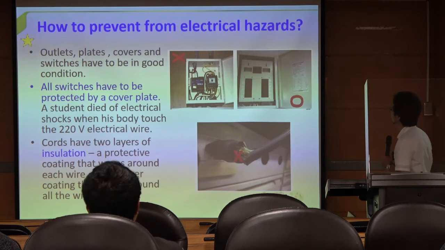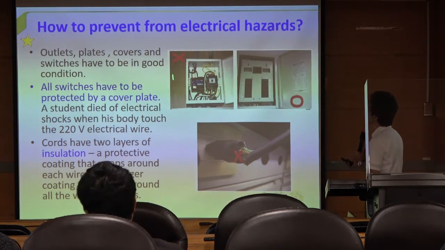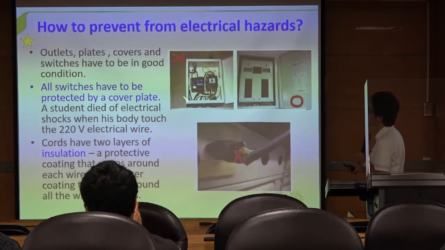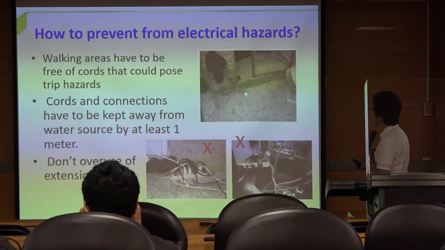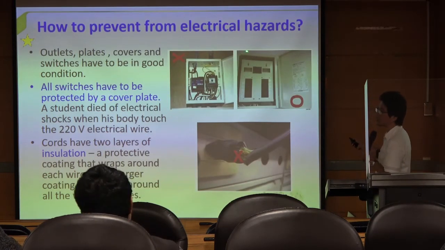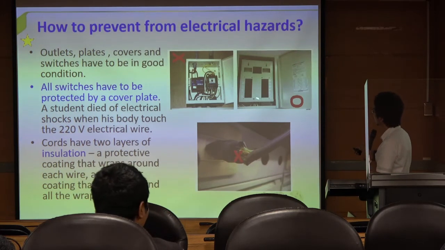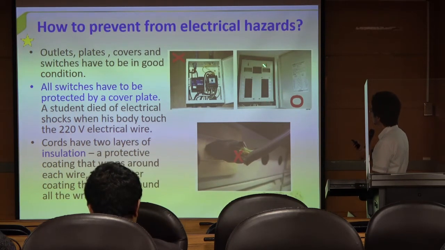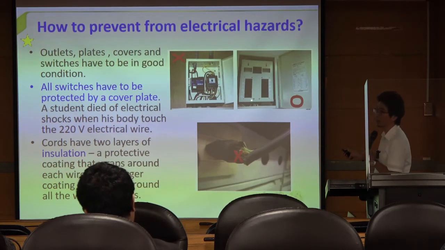Okay, so here it is inappropriate installation of the breakers. It needs to be covered, oh no, sorry, it needs to be covered by another steel or plastic plate to cover this breaker, then another box to cover them.